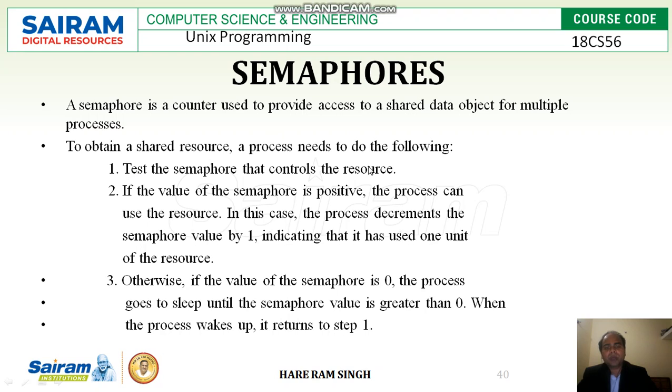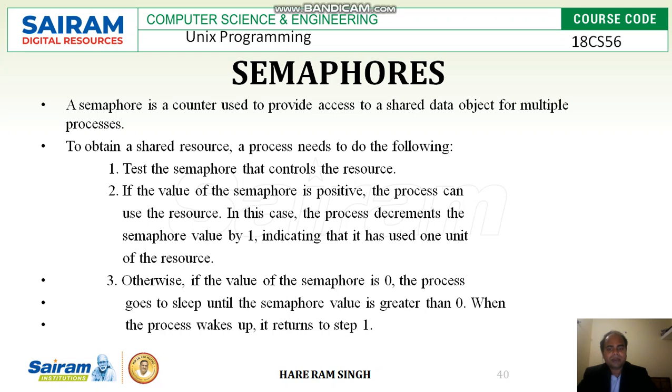The process which wants to access the resource first contacts the semaphore and tests the semaphore which controls the resource. If the value of the semaphore is positive, the process can use the resource. The process will be allowed to access the resource only if the semaphore value is positive.